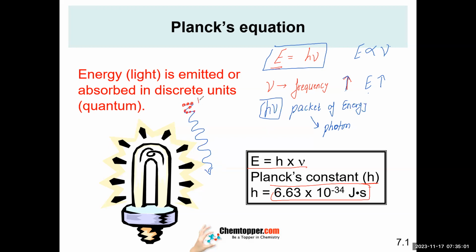is calculated by hv. So if these are photons, each packet is called a photon. Every photon has a fixed amount of energy with it, which is also called quantized. So we did the quantum numbers in unit 1 based on this concept that the energy here is quantized, fixed. It has a fixed quantity of energy.